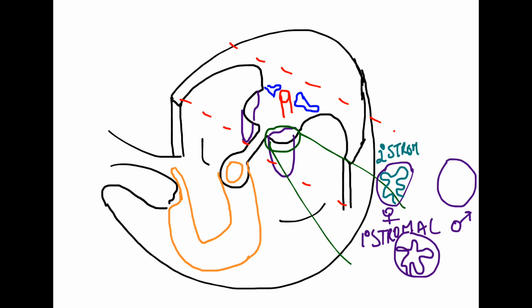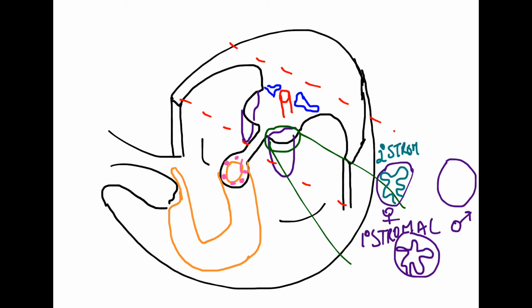Now that we have our secondary stromal cells, primordial germ cells, which are the cells that form the ova and the sperm, come in.